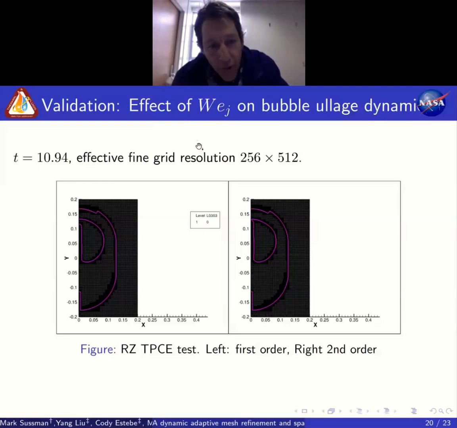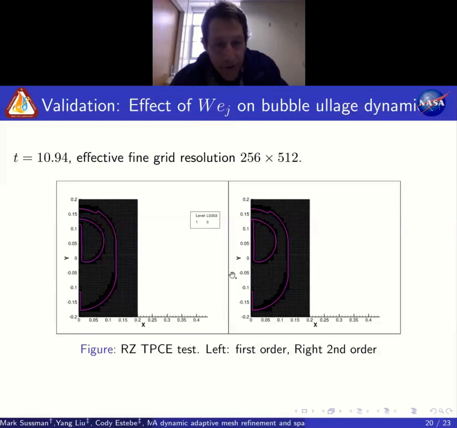If the Weber number exceeds a certain cutoff, then it's predicted that the jet will cause the bubble to break. And if it's below the cutoff, the bubble won't break. We did some tests, and so far we have agreement with previous results for this.